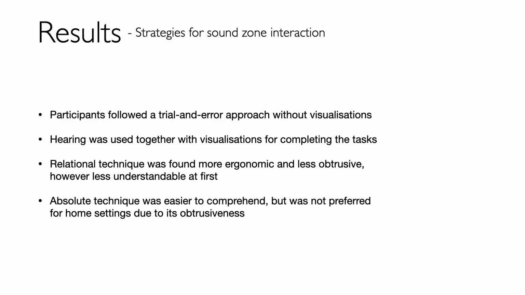Through the interviews, the participants explained how they often needed to follow a trial and error strategy for solving tasks without visualizations. They also expressed how they were able to complete the tasks by combining the visualizations together with their hearing. The participants found the relational visualization more ergonomic and less obtrusive, but that it was not easy to understand at first, where the absolute visualization was easy to understand, but less preferred for use at home.